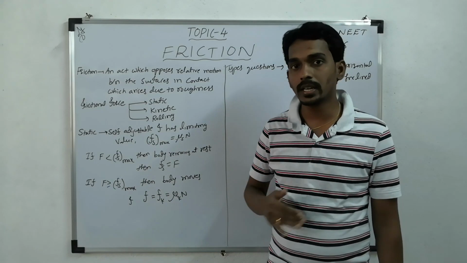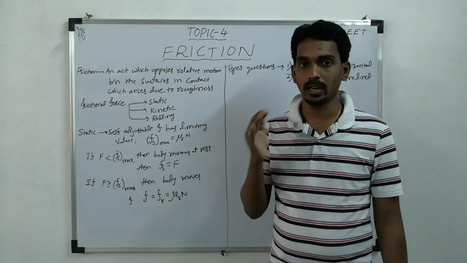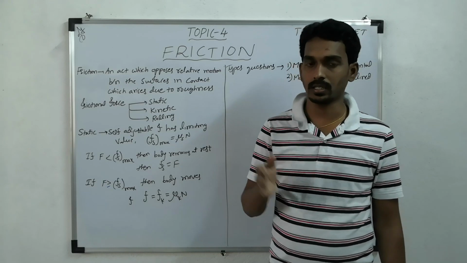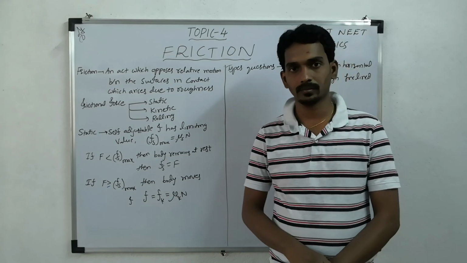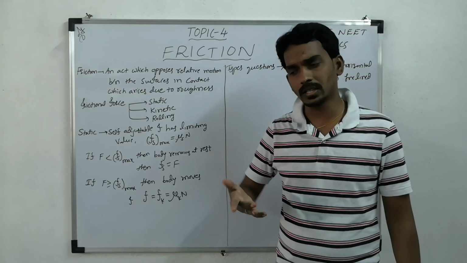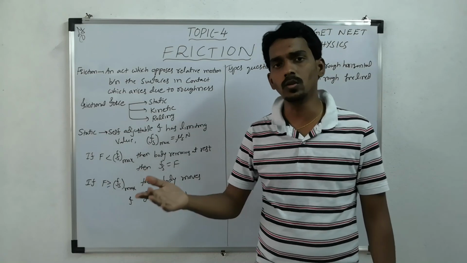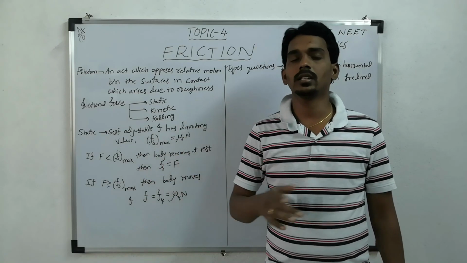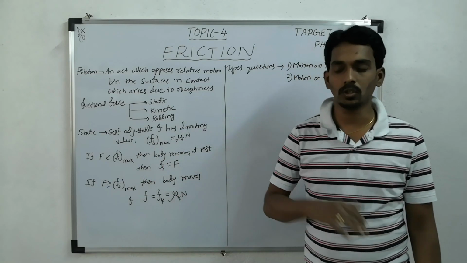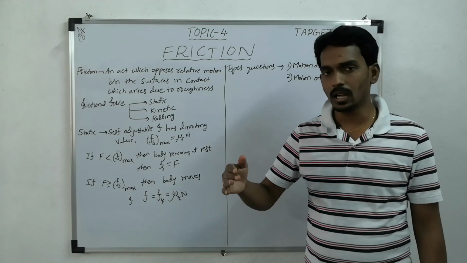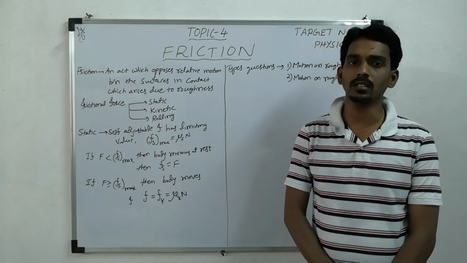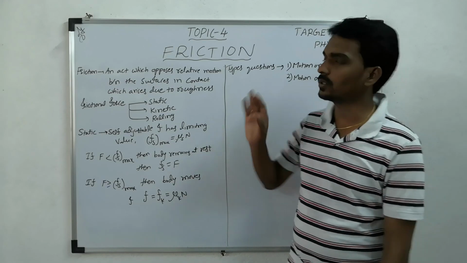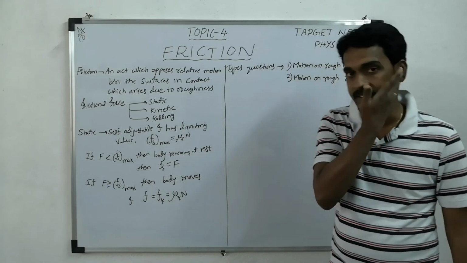If the body is not moving, then the friction direction is opposite to the possible direction of motion. Or assume there is no friction, find in which direction the body can move, and take the opposite direction as friction. That is the way you decide the direction of friction.